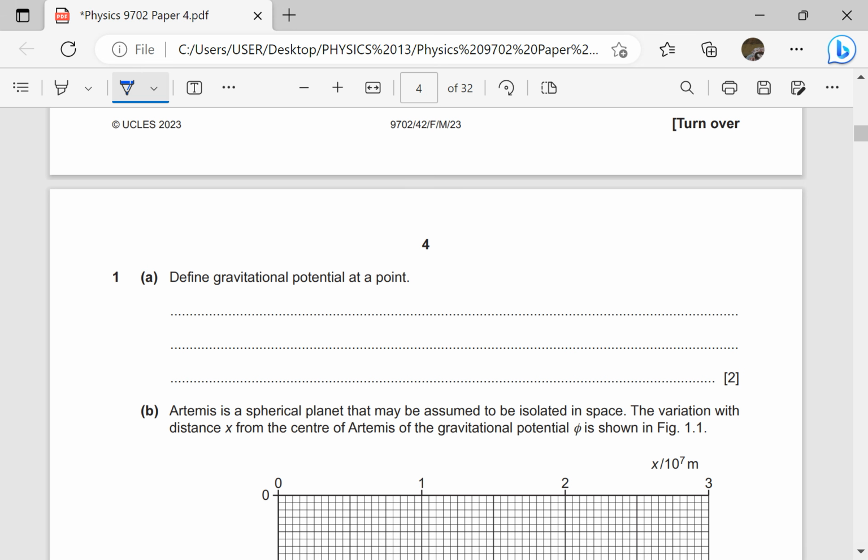So we said gravitational potential is the work done per unit mass in moving a mass from infinity to the point.